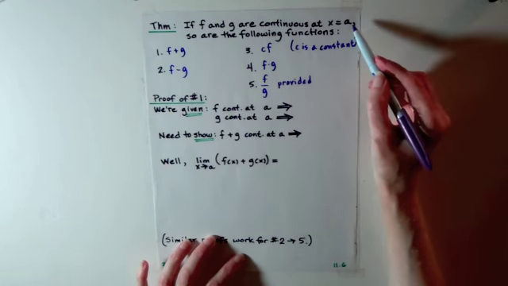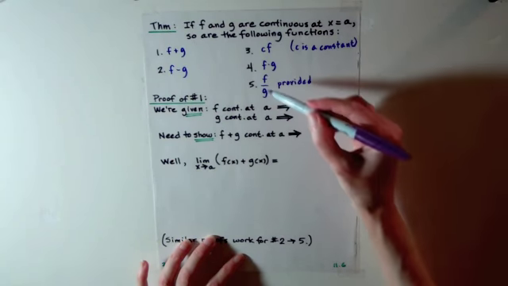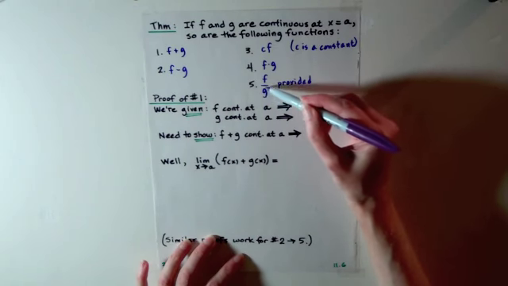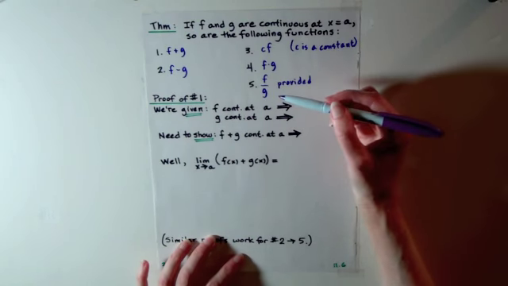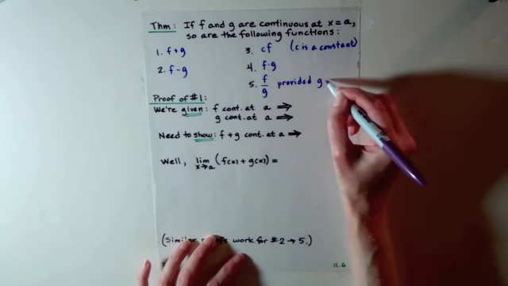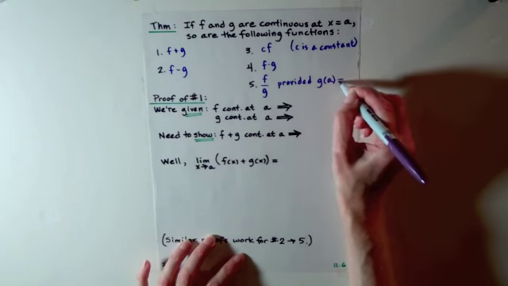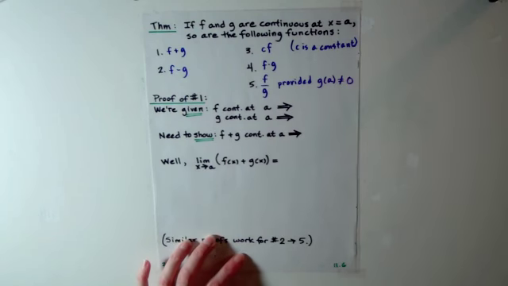Remember that we're looking at continuity at a. We would not want to end up having a function that involved a division by 0 at a. So provided, and you can probably guess this, g of a is not equal to 0.